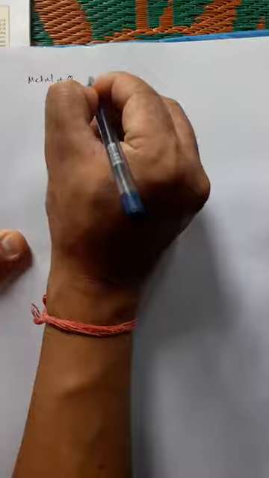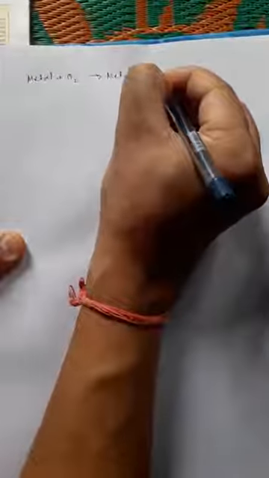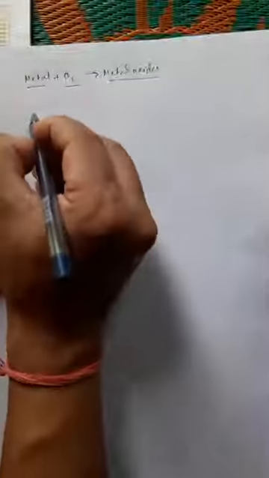Next, we are going to see the reaction with oxygen. Metal with oxygen. Simple. Metal plus oxygen. You are going to get one product, metal oxide. Metal with oxygen, you will get metal oxides. Let's write few examples.